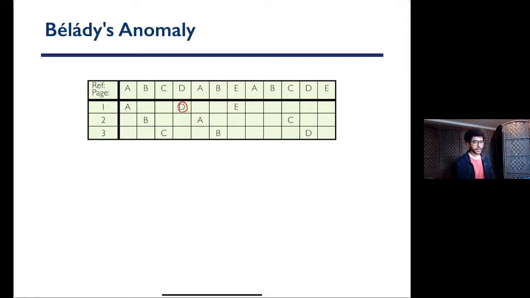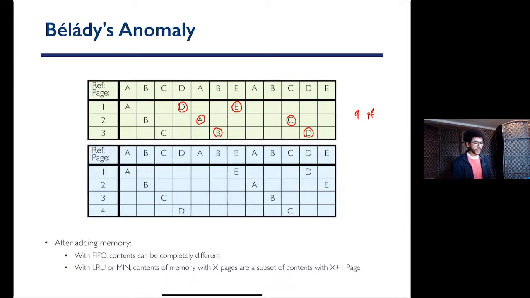This is the example that we saw. D here kicks out A, here kicks out B, here kicks out C, and E and C and D. So in this example, you have 9 page faults. Now let's increase the memory to have 4 pages. In the first example, my memory had 3 pages. Now let's increase it to 4 pages and look at the same trace and see how FIFO does.